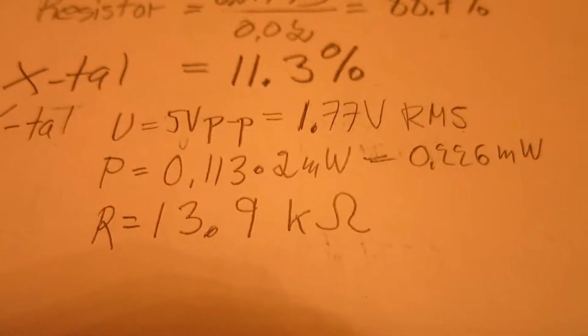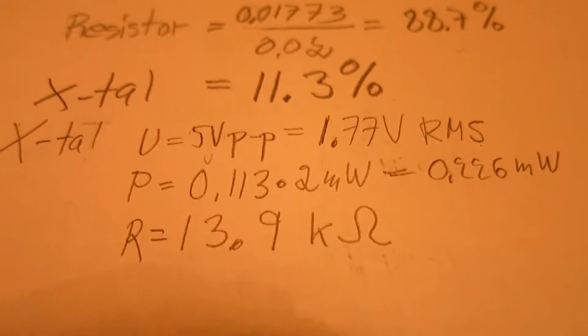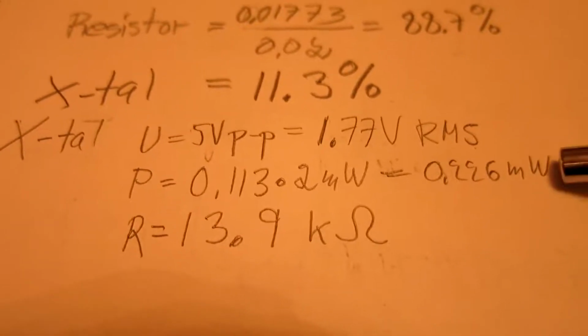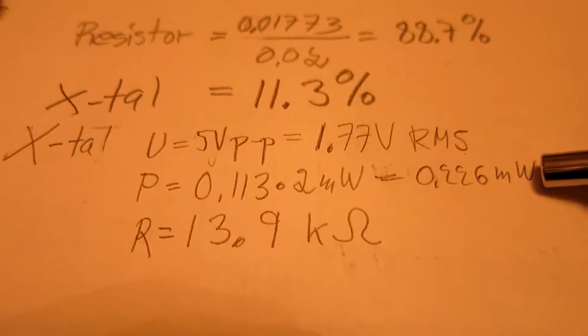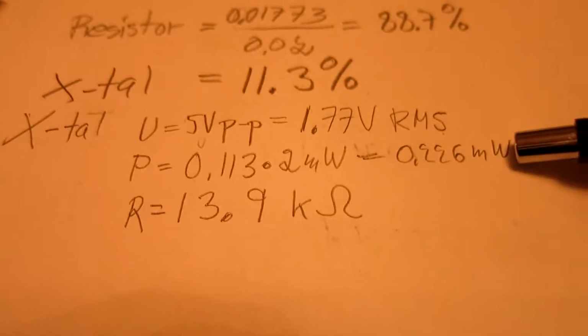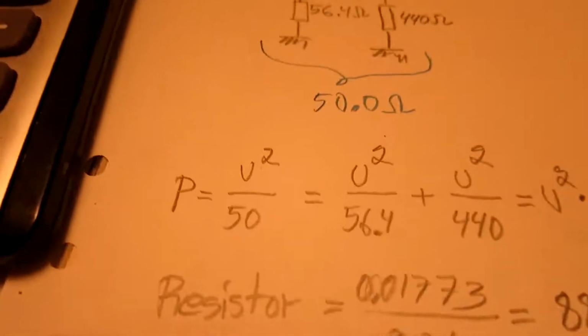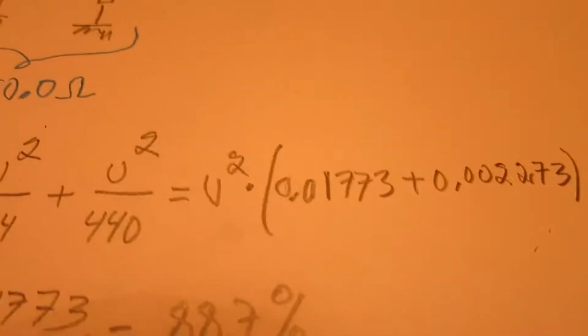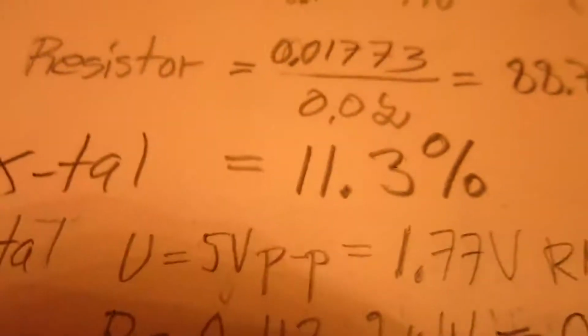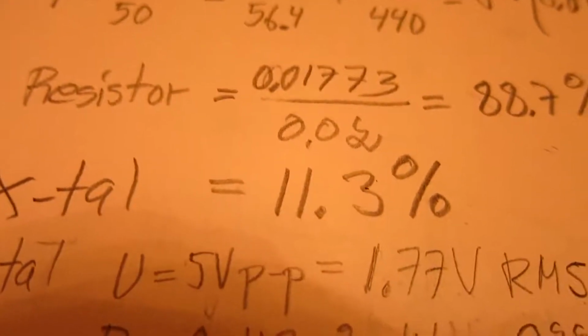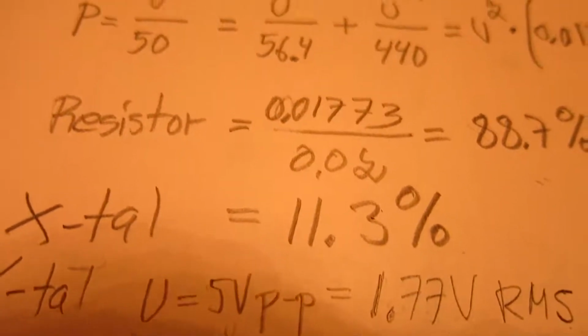And I know that the power should be 0.226 milliwatts, because that comes from the computation of the resistors here. 11% of the input power goes to the crystal.